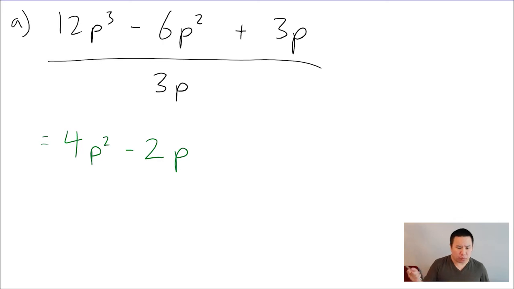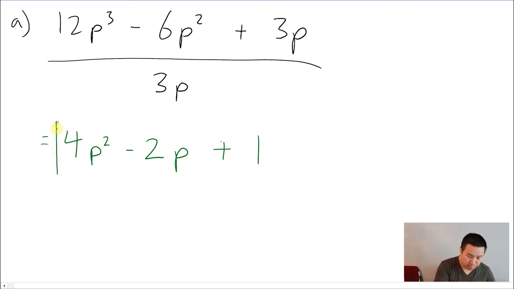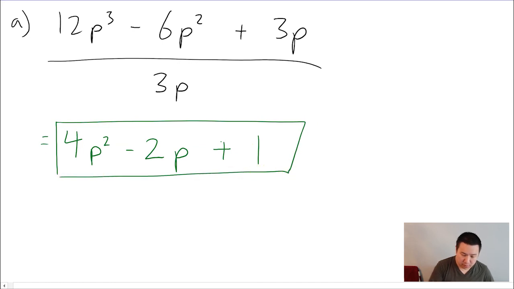It cancels each other out and leaves behind a 1. So that means that 3p divided by 3p gives me a positive 1, and you have to include that as part of your polynomial. You can't just leave it out. If you did, that's incorrect. You forgot the term and it's a completely different polynomial. So make sure you don't fall for that trap. That is the final answer.